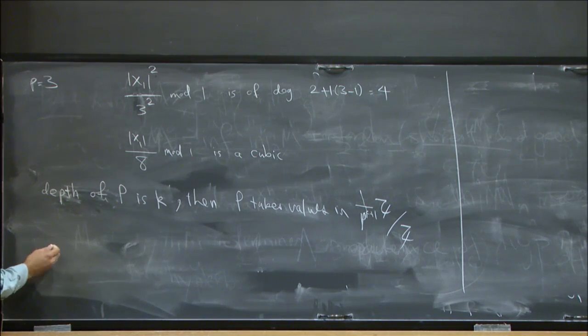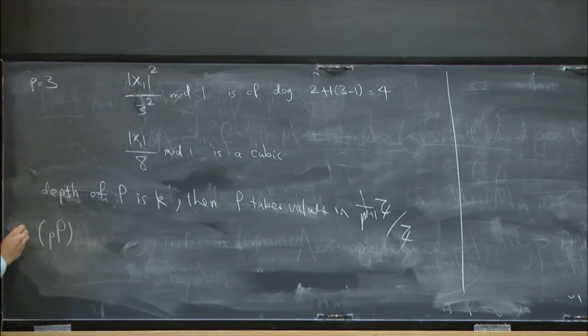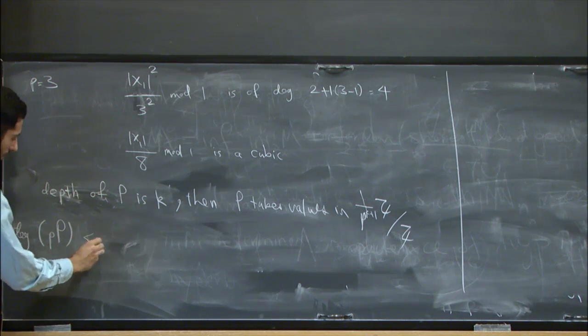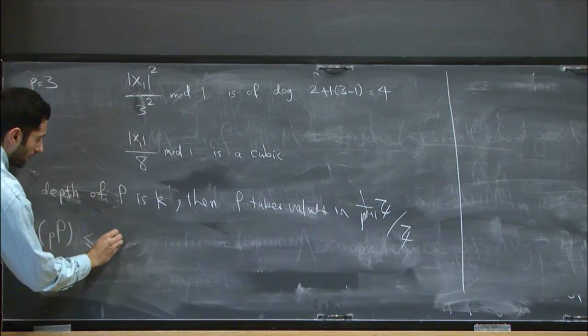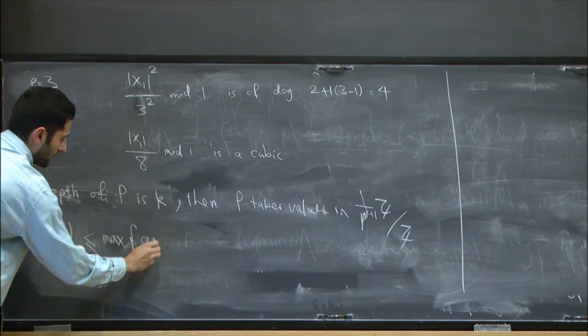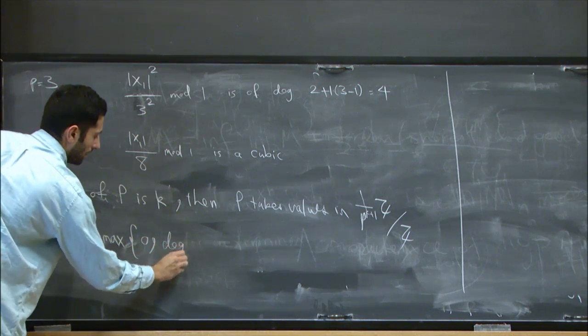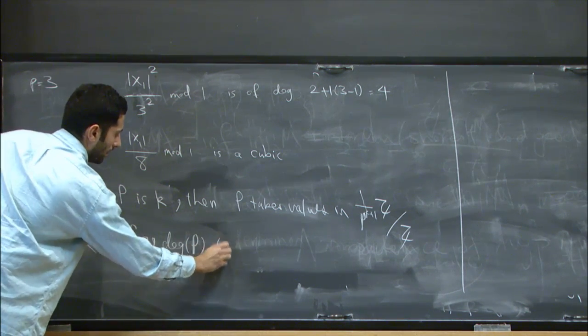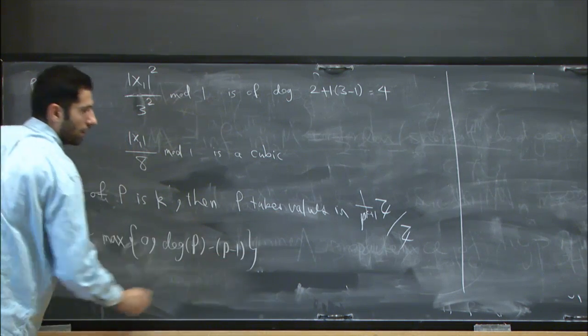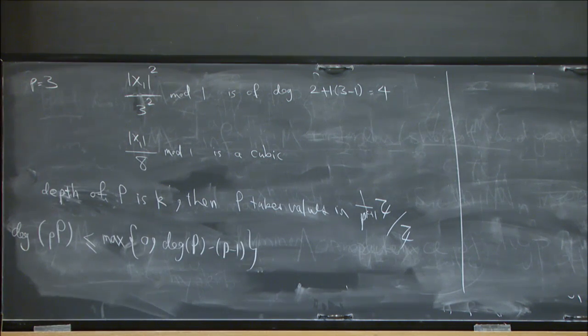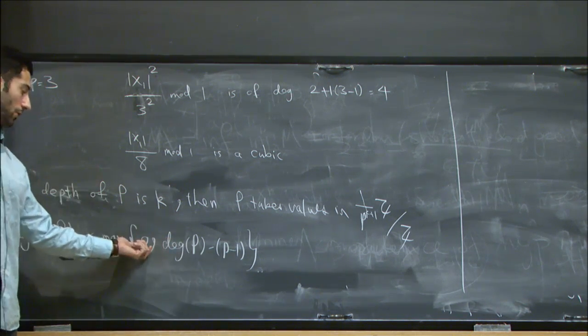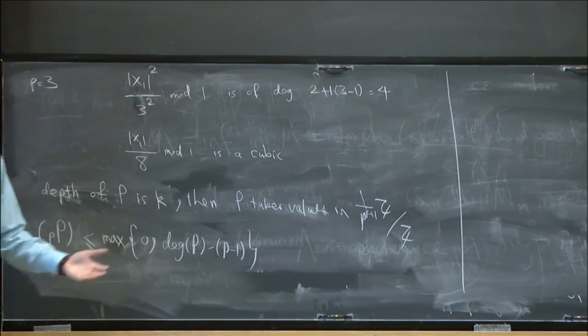And we also know that for any polynomial P, the degree of ∂P times P is less than or equal to the maximum of 0 and the degree of P minus 1. So when you're multiplying by P, you either make your polynomial 0, or your polynomial was 0, or you're decreasing the depth.